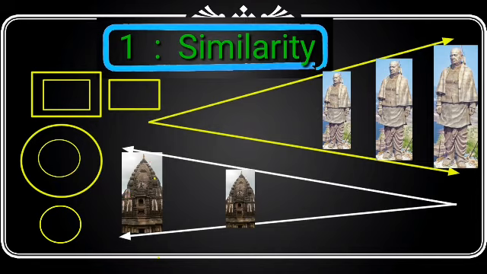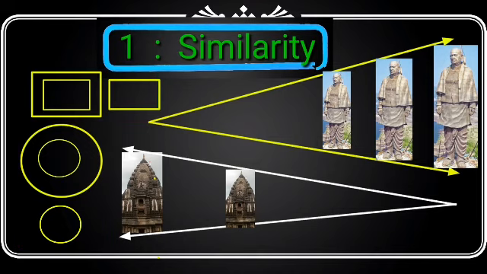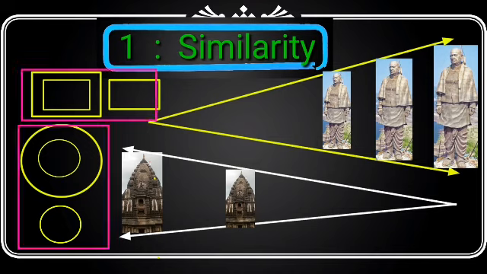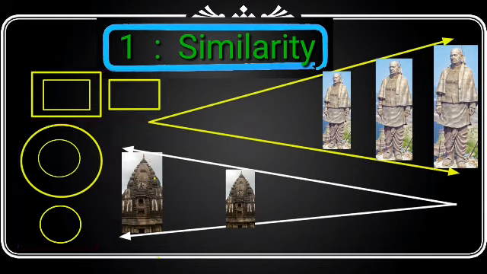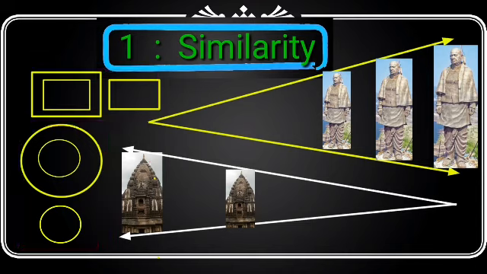So we call them similar. Two similar figures have the same shape but not necessarily the same size. Therefore all the circles are similar. All congruent figures are similar, but similar figures need not be congruent.